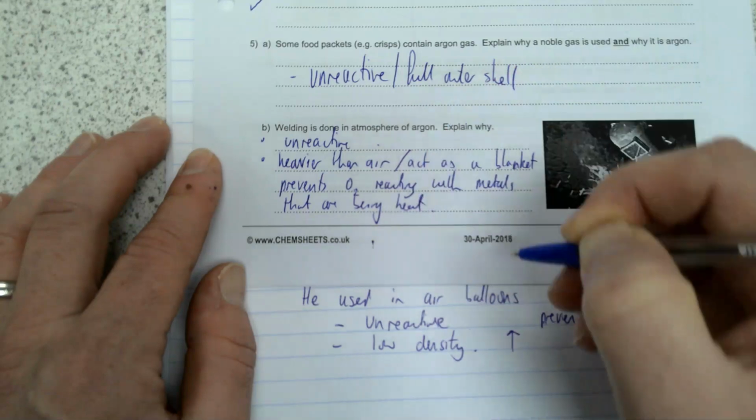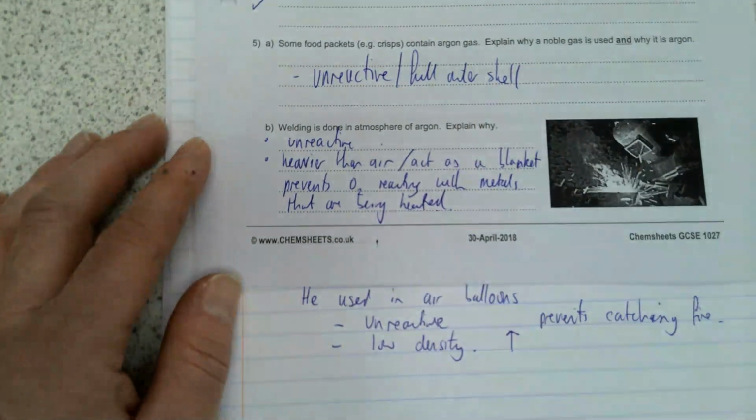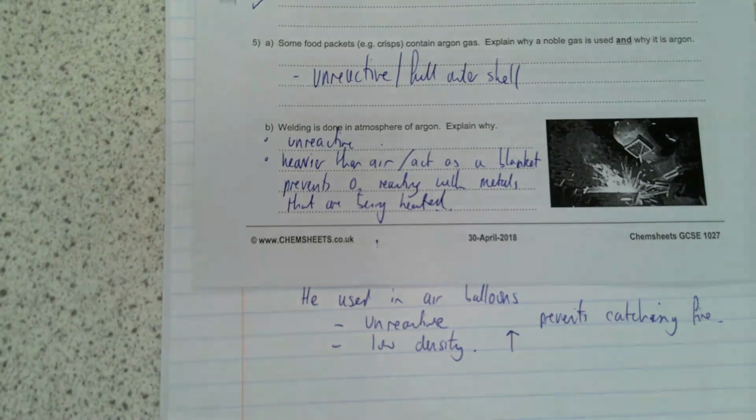And we also use argon, noble gases, in filament light bulbs as well, to prevent oxygen getting there. But the idea of it being heavier than air is important because it acts as a blanket and sits there over the welded metals. Okay. We also can sometimes use noble gases in fire extinguishing systems for exactly the same reason.